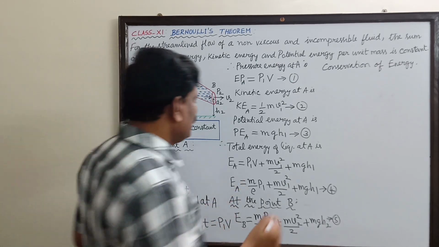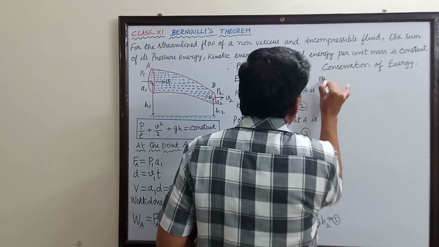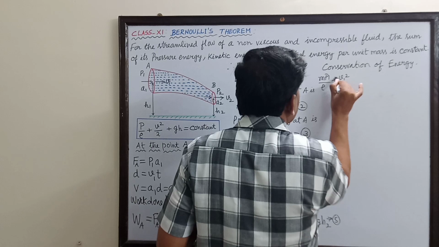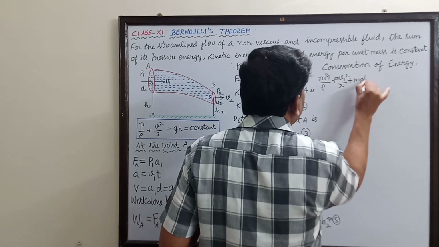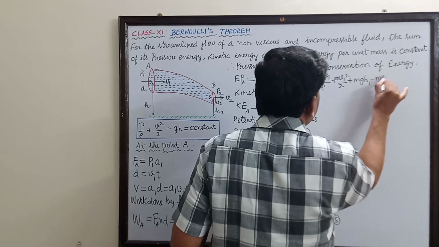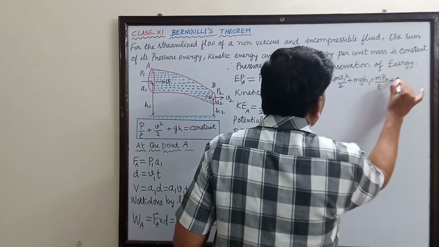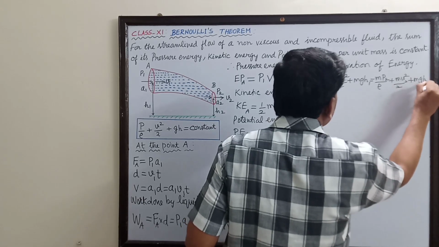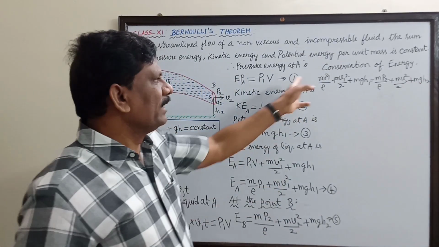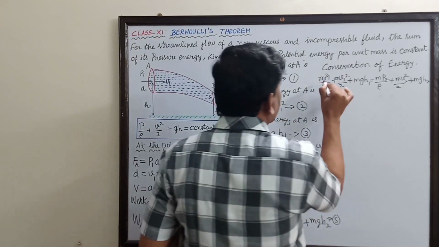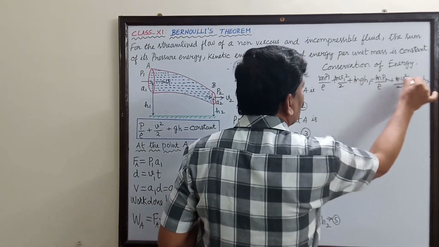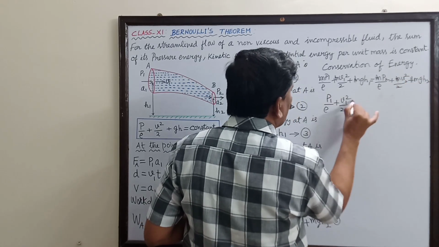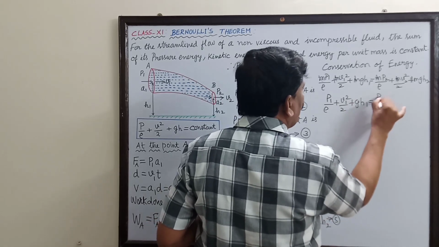So I will substitute M into P1 by rho plus mV1 square by 2 plus mgh1. This must be equal to m into P2 by rho plus m into V2 square by 2 plus mgh2. Now we can cancel the term m on both sides. After cancelling this factor m, P1 by rho plus V1 square by 2 plus gh1 must be equal to what?